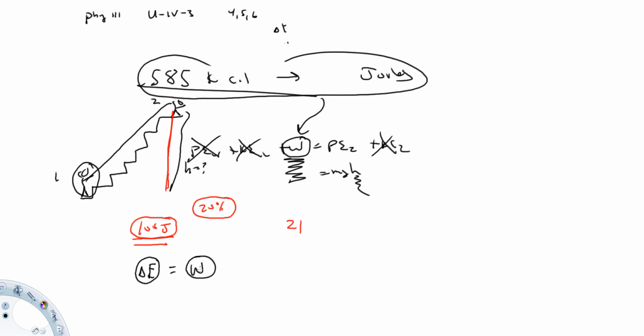But if you're only 21% efficient, then the work done would only equal 0.21 times that change in internal energy. Use this to calculate your change in internal energy to see how many calories you actually worked off. That should get you by number 5.